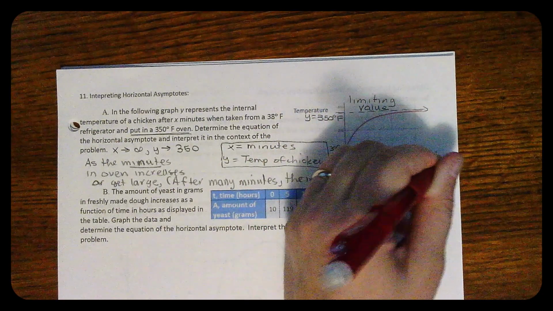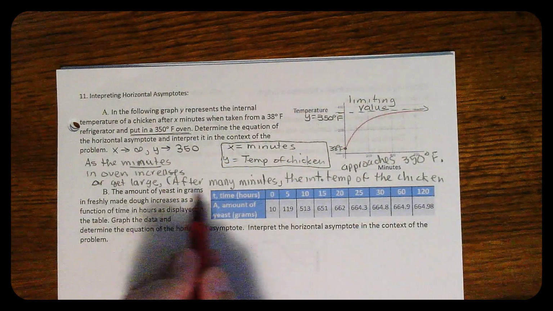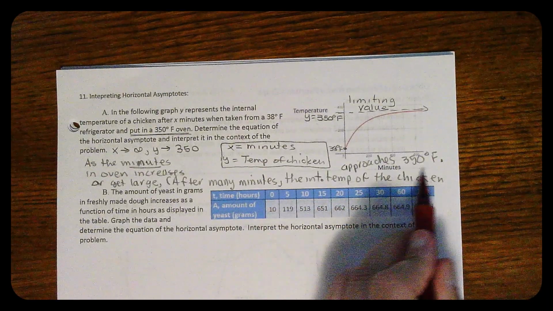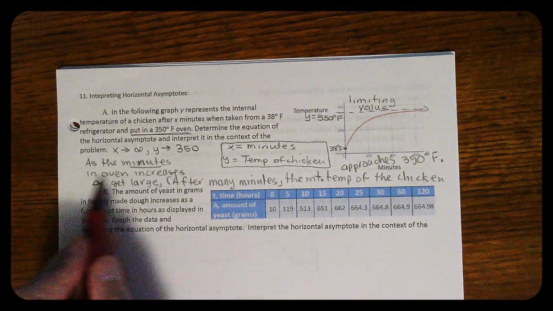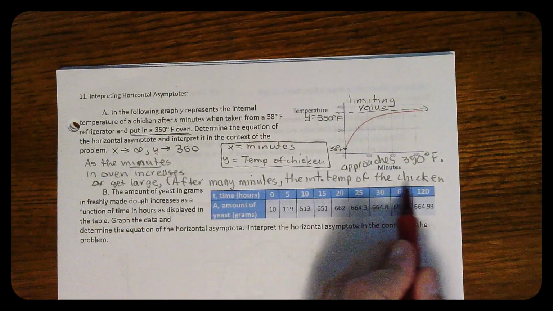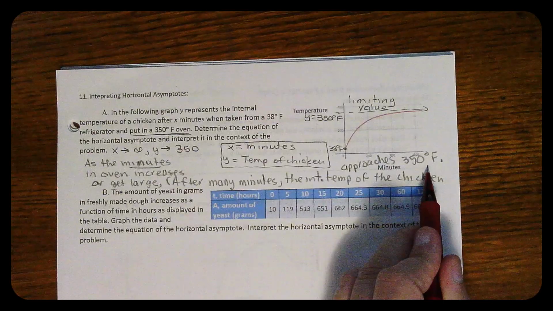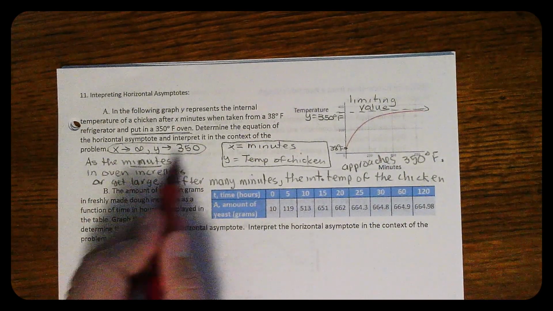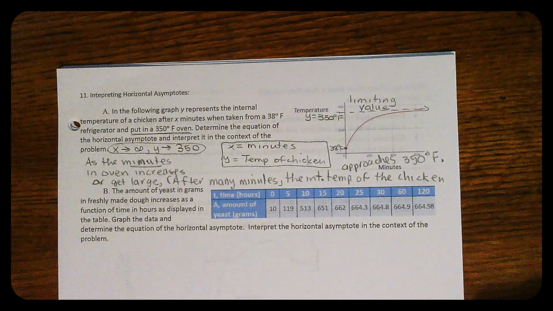So that's how you would interpret. After many minutes, the internal temperature of the chicken approaches 350 degrees. Or as minutes in the oven increase or get large, the internal temperature of the chicken approaches 350 degrees. So we just took that mathy sentence and turned it into an English sentence.